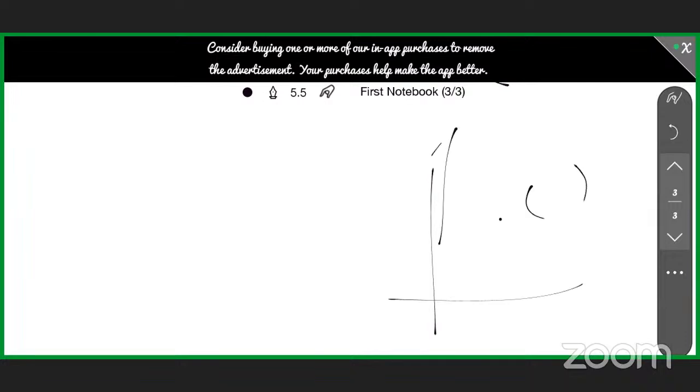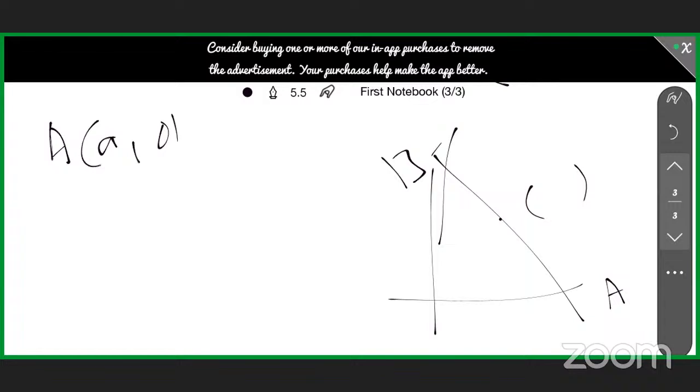It is passing through my point of intersection, and it is making an x-intercept and y-intercept. So I'll take my x-intercept point as A comma 0 and B as 0 comma B.